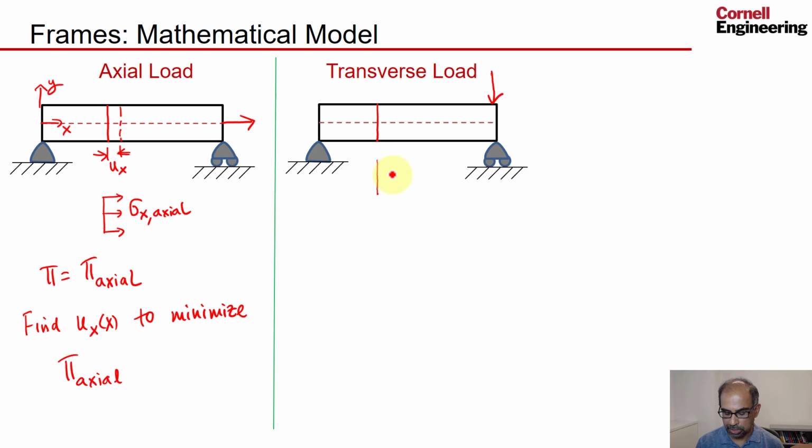But it's also, because it's going to bend, going to rotate. So the final configuration is going to be something like that. And the amount the cross section moves in the transverse direction, I believe we denoted it as u sub y in the cantilever beam example, and then the rotation is theta z.